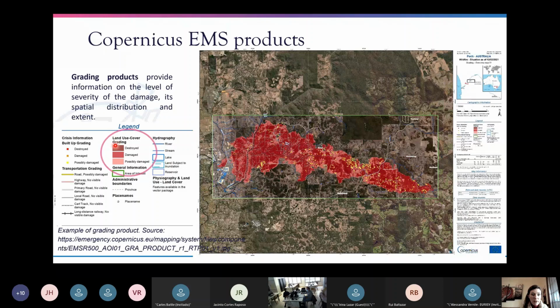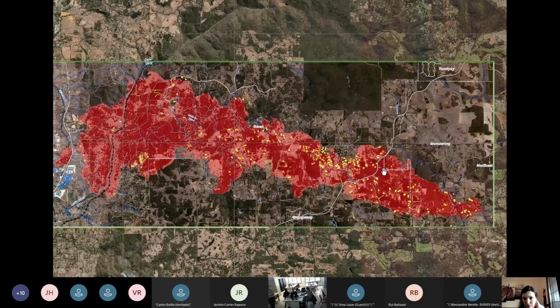So you see here that the difference is that we still have the perimeter, but the perimeter is discriminated with different shades, from possibly damaged to destroyed. And actually, we should zoom in on the colors, but you see that destroyed is only in a few areas.